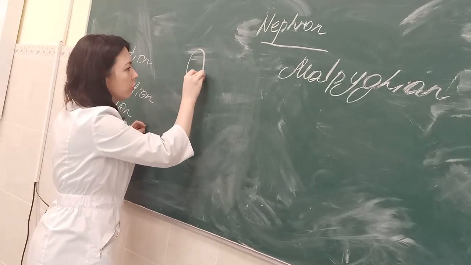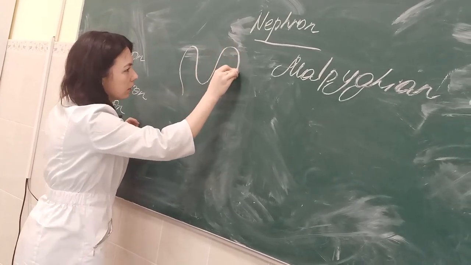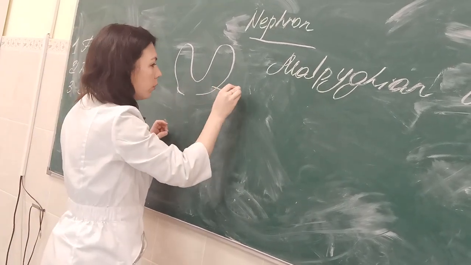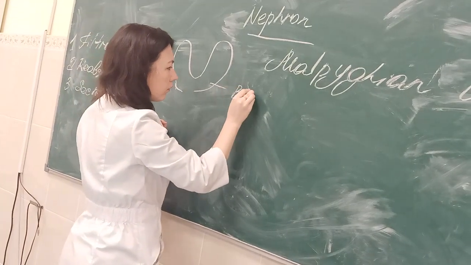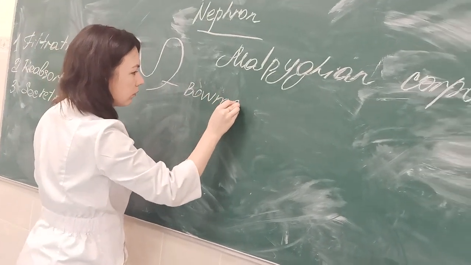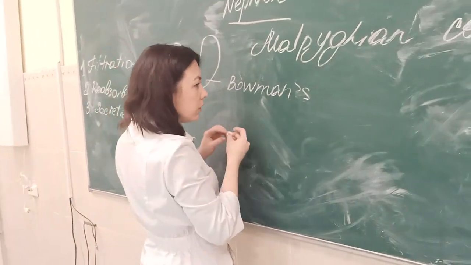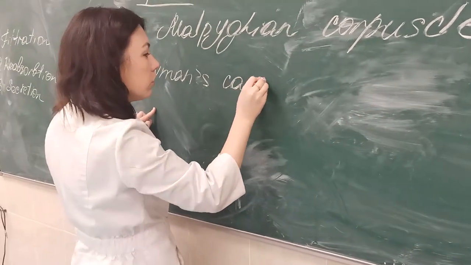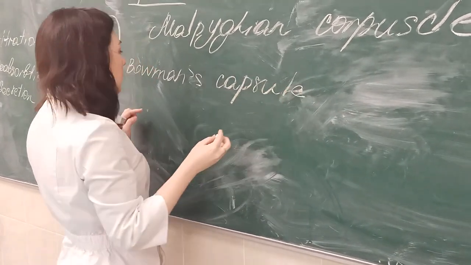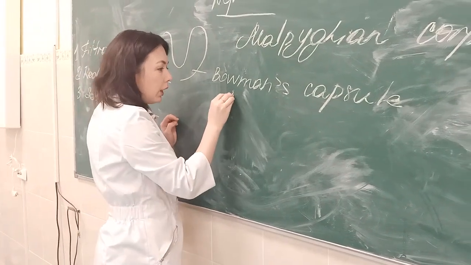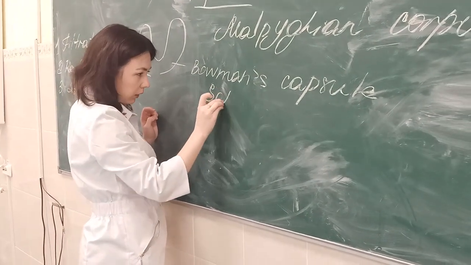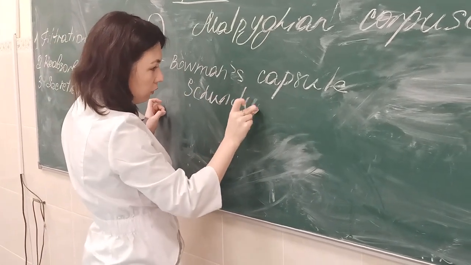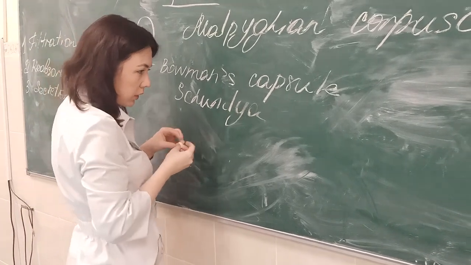Bowman's capsule looks like a cup. Actually, its complete name is Bowman-Shumlyansky capsule, because a great Russian scientist, Shumlyansky, discovered it.